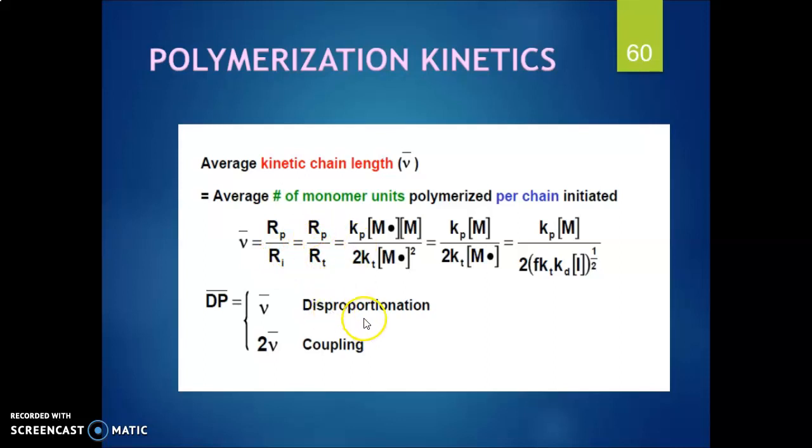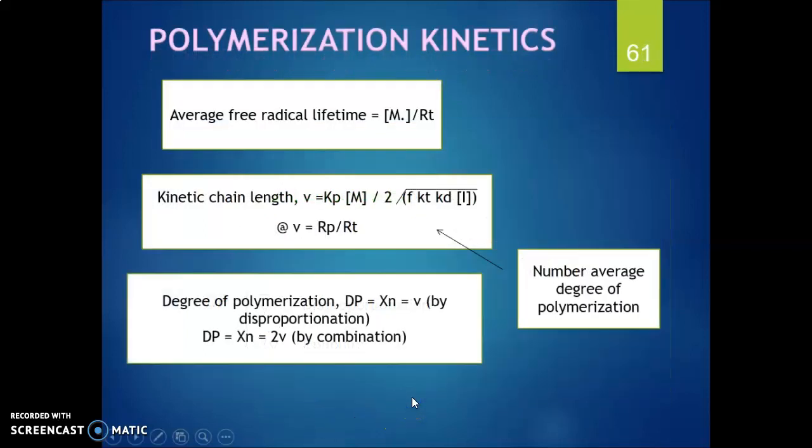So it can be either kinetic chain length with disproportionation or by coupling. If you get the value for kinetic chain length here, and the question wants you to give the kinetic chain length by termination by coupling or combination, you just have to multiply by 2. Okay, we will see the example on another slide.